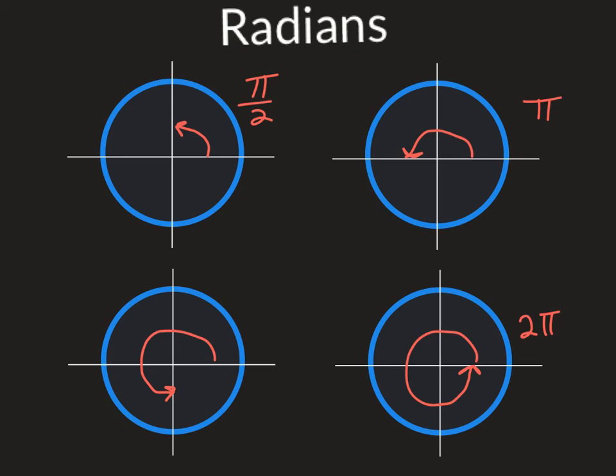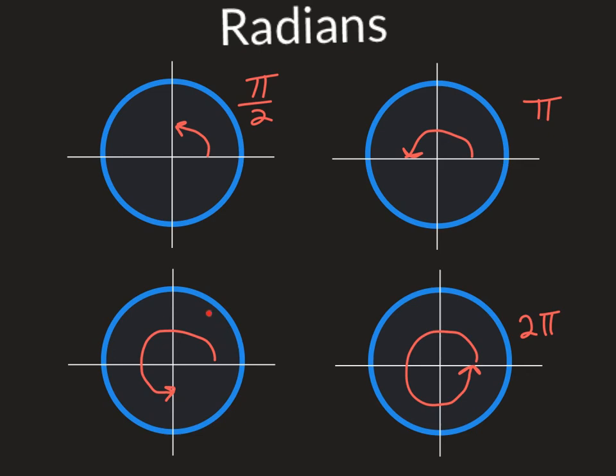Our final one here is going to be 3/4 of the way around, and there's a couple different ways we could think about this. Perhaps you might think, a quarter of the way around is pi over 2. So how many pi over 2's would we need to get 3/4 of the way around?